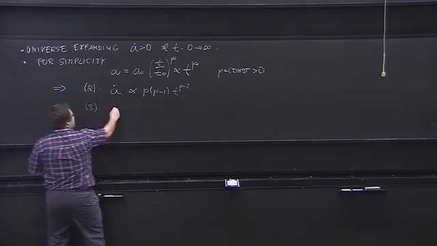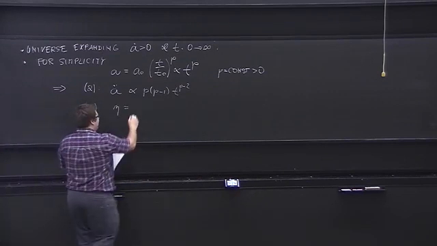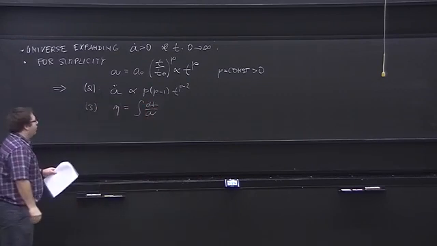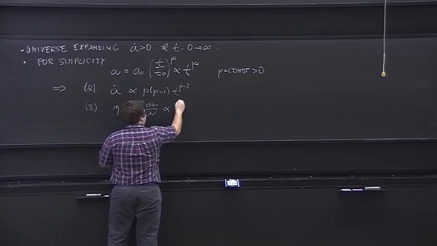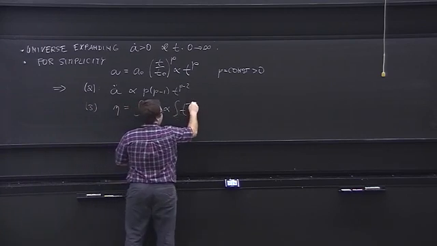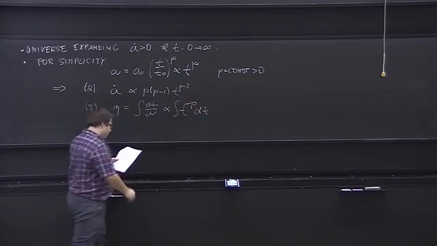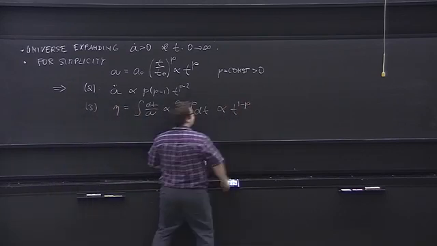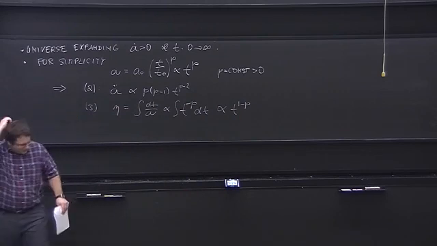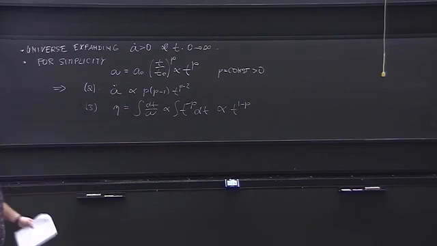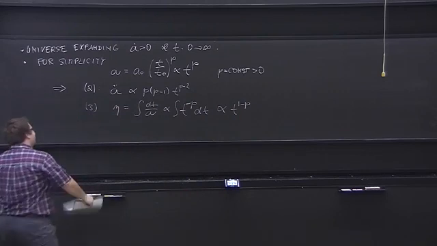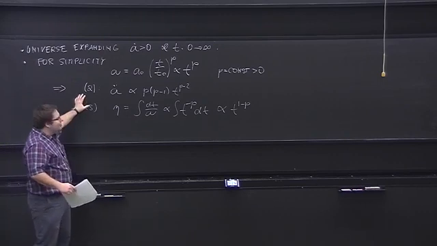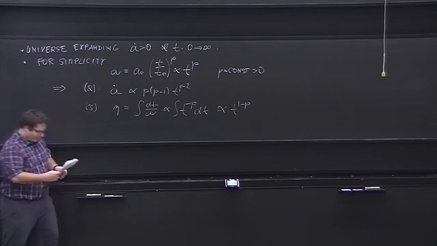My conformal time eta is just the integral of dt over a, which is proportional to the integral of t to the minus p dt, which is proportional to t to the 1 minus p. So we integrated a polynomial and we differentiated a polynomial, and that's where all the physics is, actually. So that's my equation 2, very important, and my equation 3, very important.